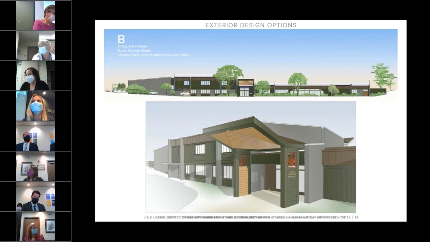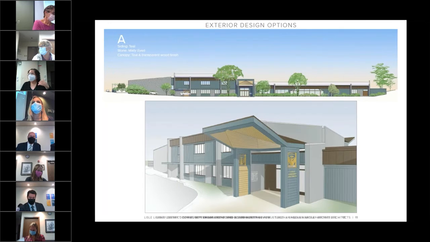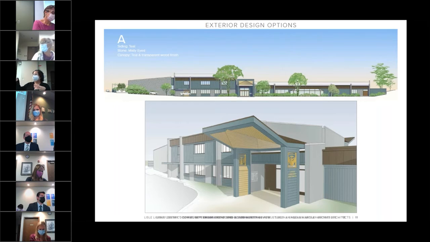Sarah? I love A and B. I'm more towards A. I really like how it's not too in your face, but that logo stands out, the library name stands out. Because you also said it ties into the inside, and those colors, if you use that color scheme, I think it just pulls right in, and you're just kind of opened up more using those colors and the light and everything, and it just makes everything brighter.